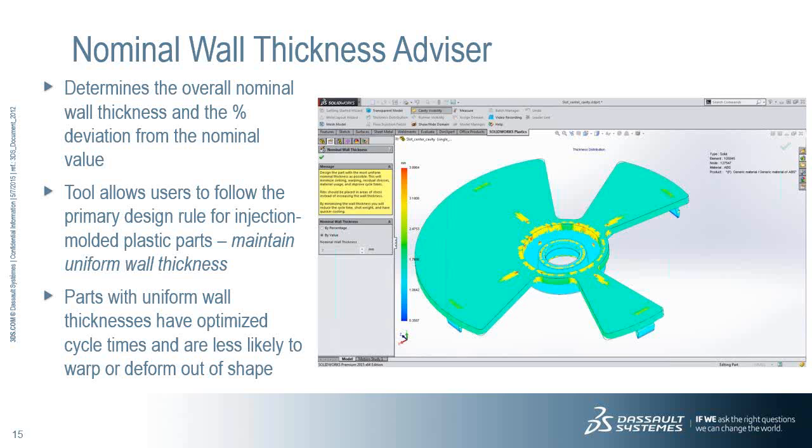Parts with uniform wall thicknesses have optimized cycle times and also are less likely to warp or deform out of shape. So this helps me in analyzing the same, and also the tool allows the user to follow the primary design rule for injection molded parts.